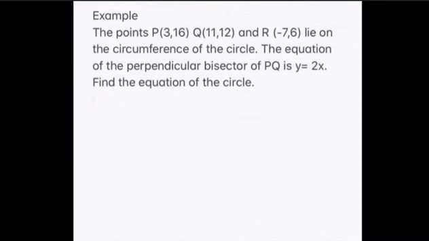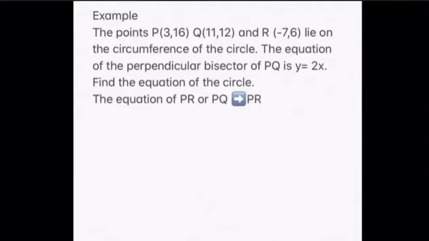So first of all, we will find the perpendicular bisector of another line, either PR or QR. When you know the perpendicular bisectors, you can find the center of the circle by finding the point where they meet.